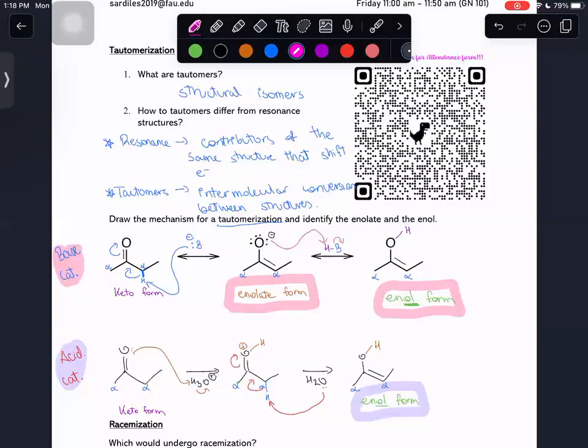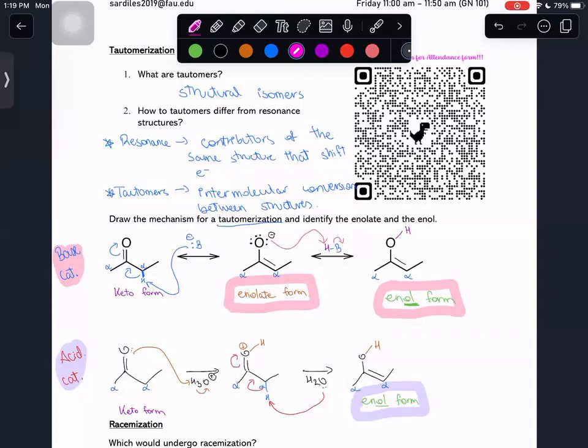It would be good that you know the mechanisms for chapter 18 in general. Usually whenever we're talking about tautomers, he likes to ask, given X form of keto form, which is a possible enolate form if we use a base as a catalyst, or what are the tautomers that are formed if we use an acid?